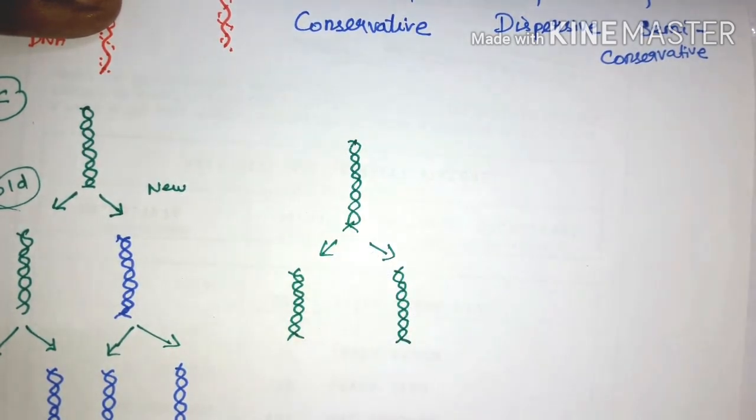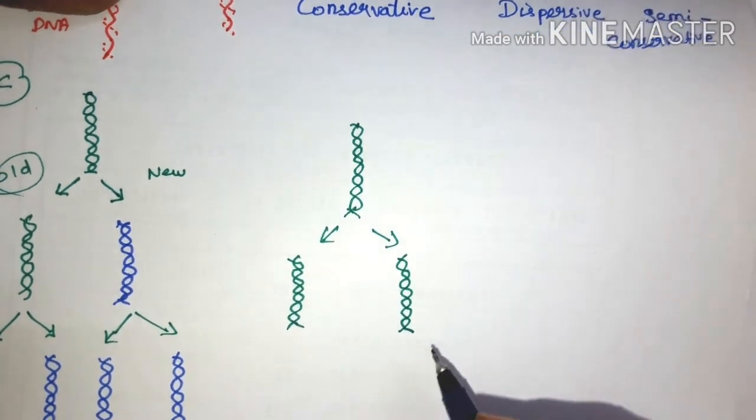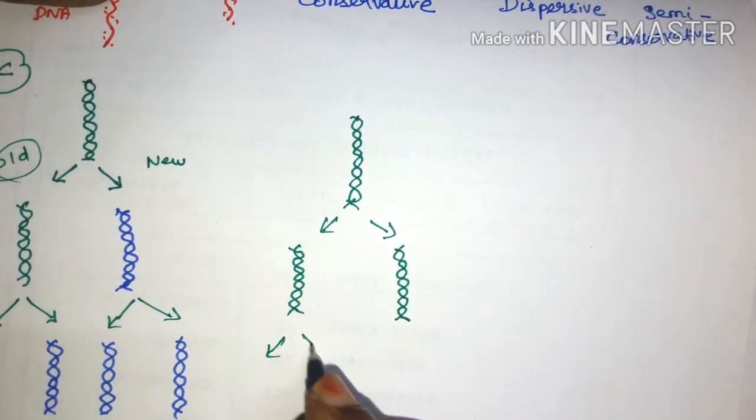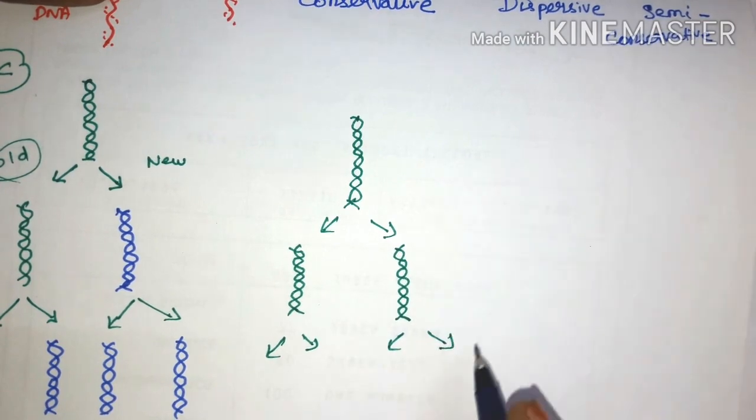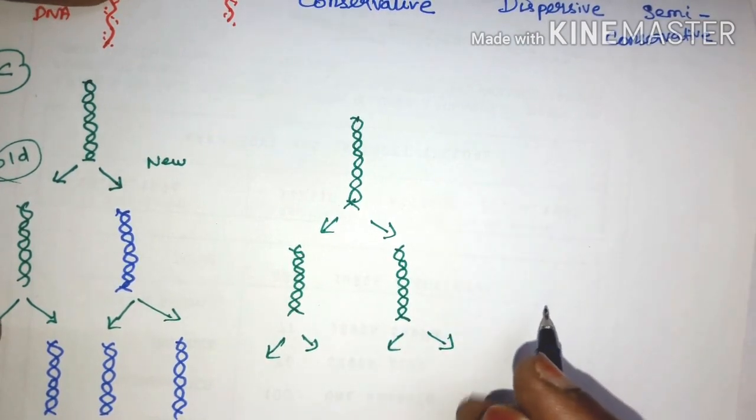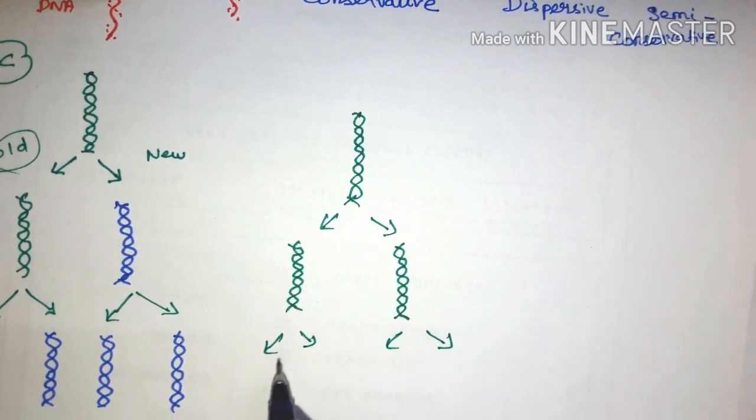Original characters are preserved here. But in the subsequent generation, it has changed. Here, both old and new characters are formed.